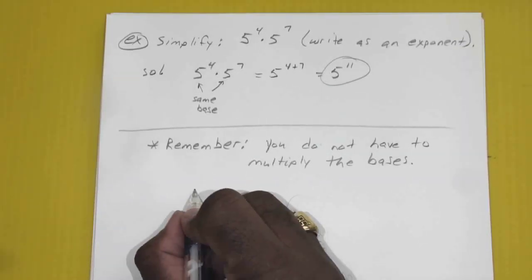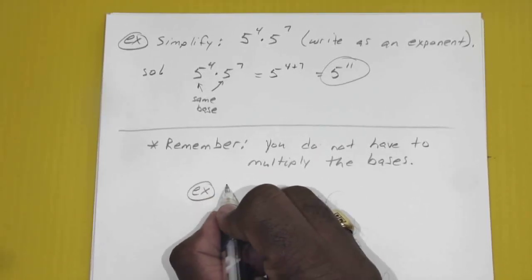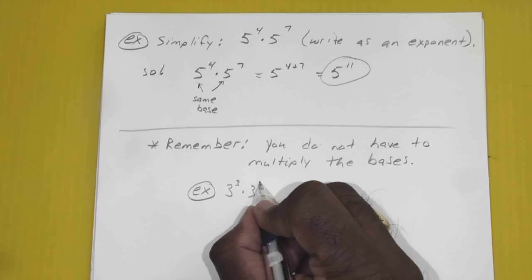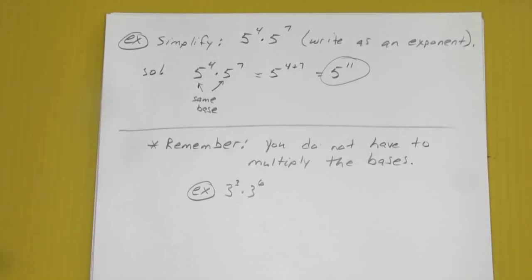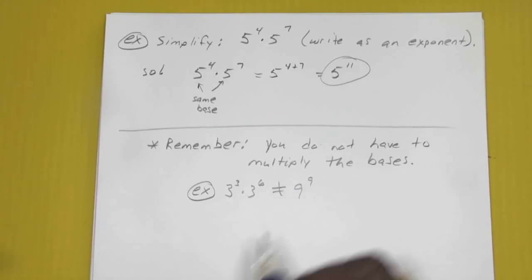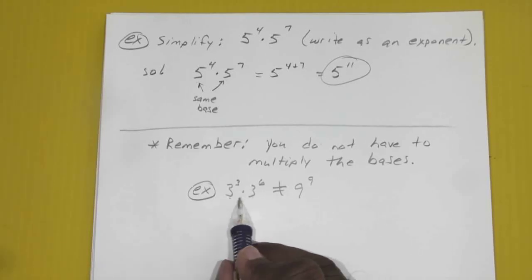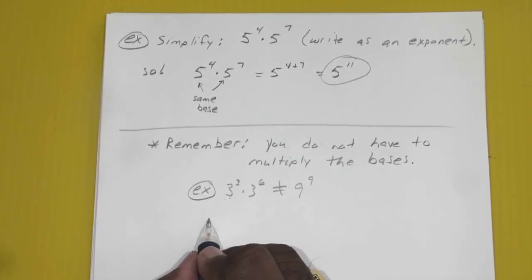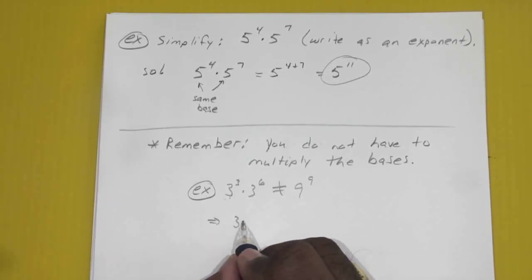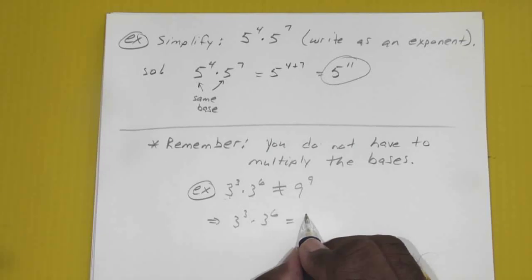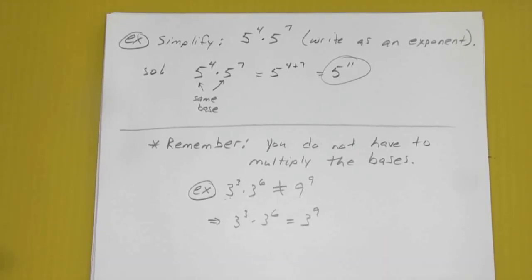So if you have something like 3 to the 3rd power times 3 to the 6th power, it's not going to equal 9 to the 9th power or something like that. Okay. So if those bases are the same, your answer is just going to be the same base. So 3 to the 3rd times 3 to the 6th is going to equal 3 to the 9th power.